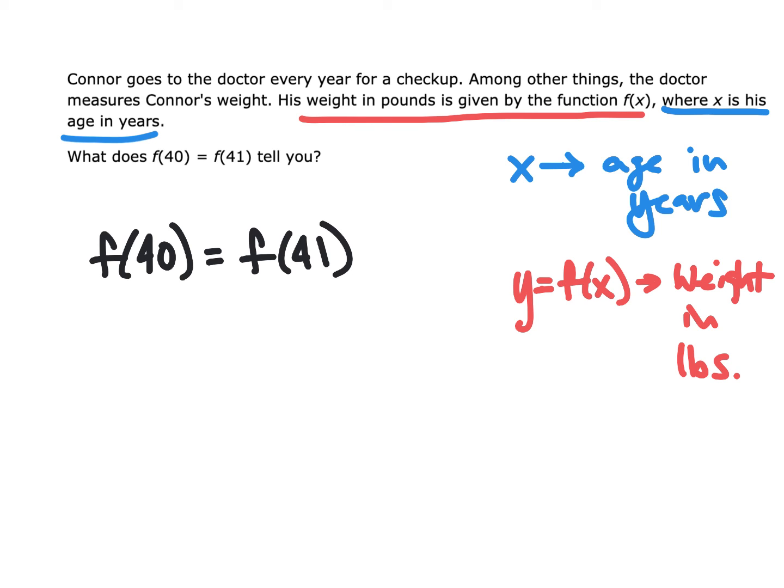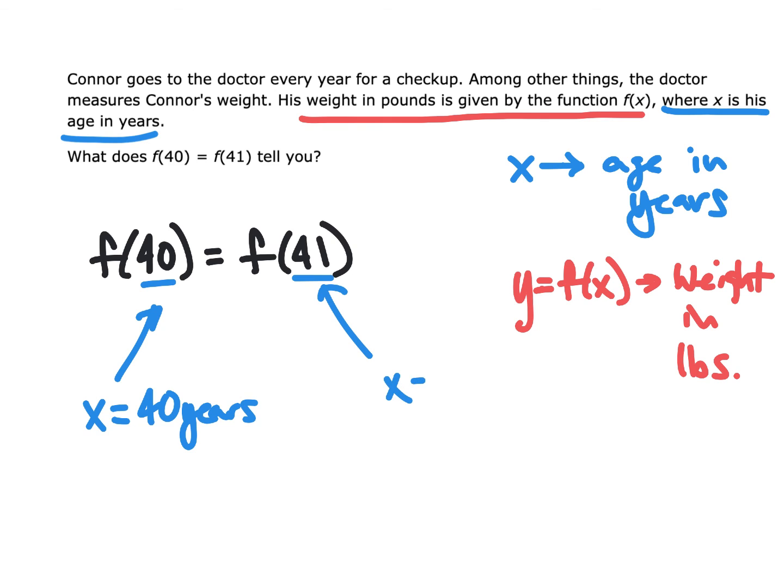So when we have the statement f of 40 is equal to f of 41, what we know is that we have two different x values here. This first x value says that x is equal to 40 years old. And we have this x value that says that we are talking about when Connor is 41 years old, okay? And when we plug 40 into that function, we get his weight in pounds. And when we plug in 41 into that function, we get that weight in pounds.